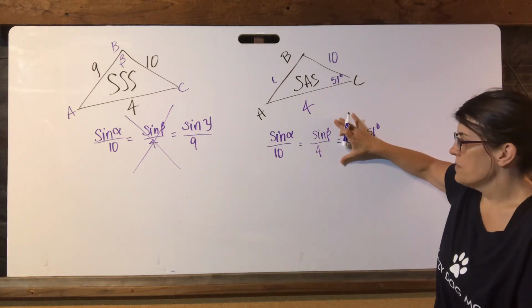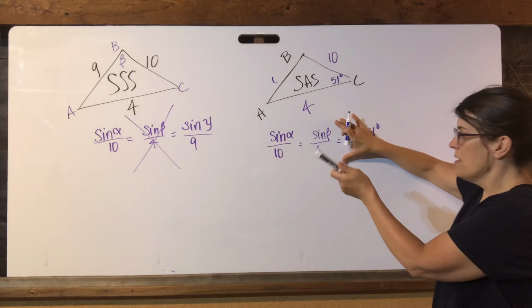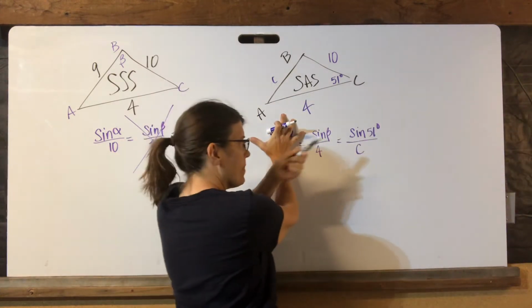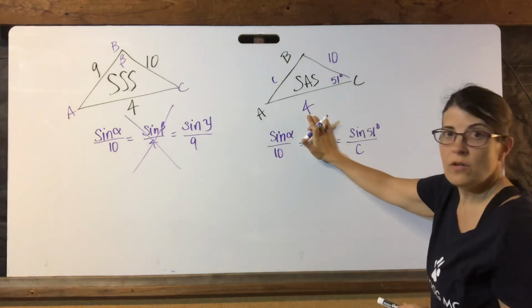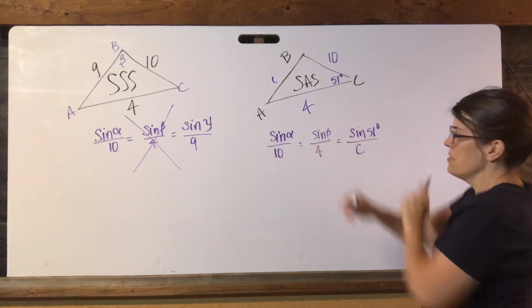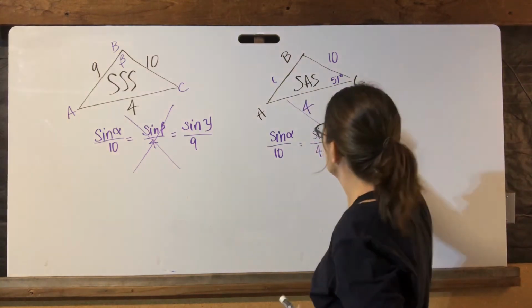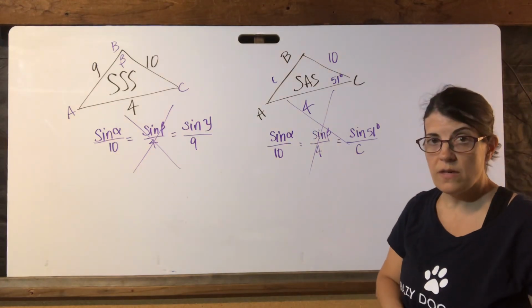In this setup, you're missing 2 angles, doesn't help. In this setup, you're missing a side and angle, doesn't help. And if you take out the middle, unknown, unknown, doesn't help. So you cannot use the law of sines with side, side, side, and side angle side.